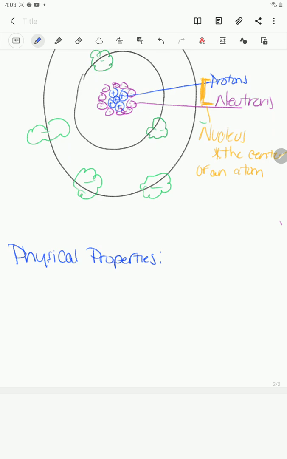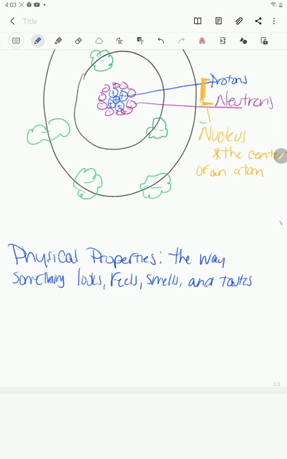Well, that is the way something, anything, looks, feels, smells, and tastes. Okay, so you're going to use your senses and figure out what the physical properties are, right?